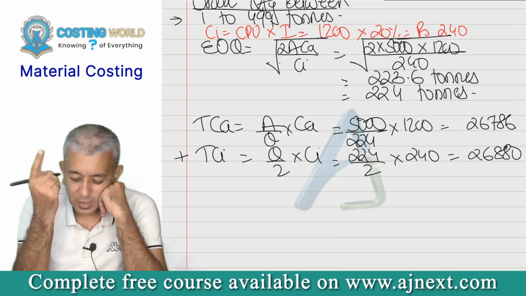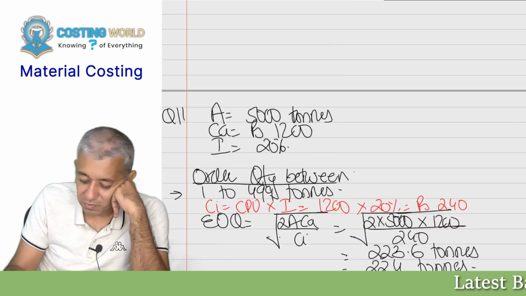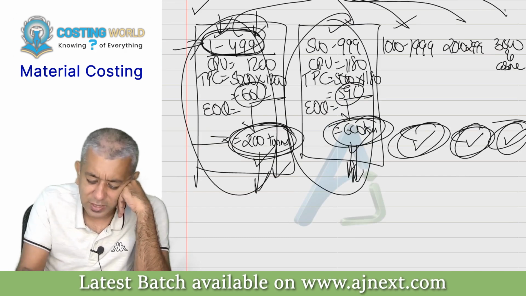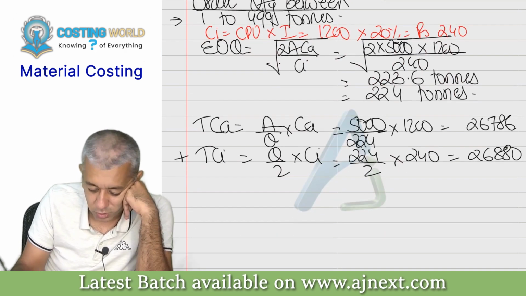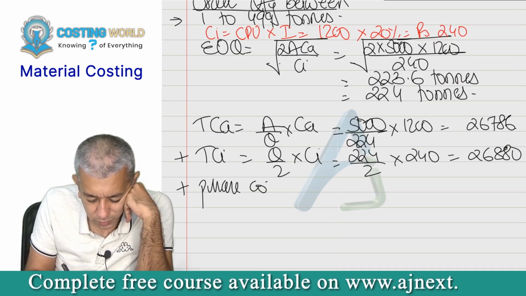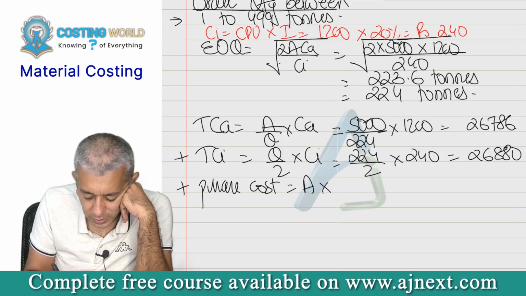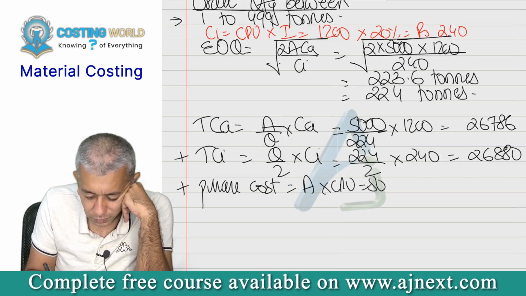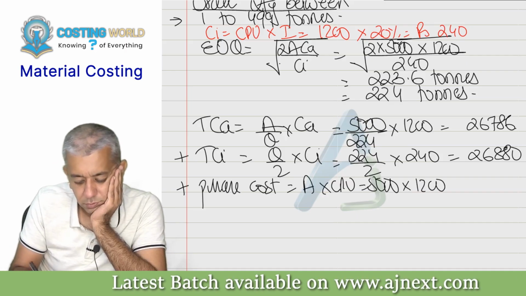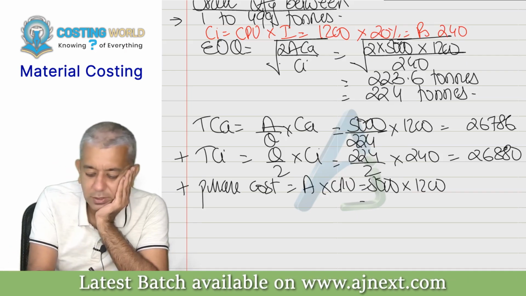But see, when I compare this category with this category, I should consider purchase cost also, beta. So write down purchase cost is equal to A into CPU, 5000 into 1200.